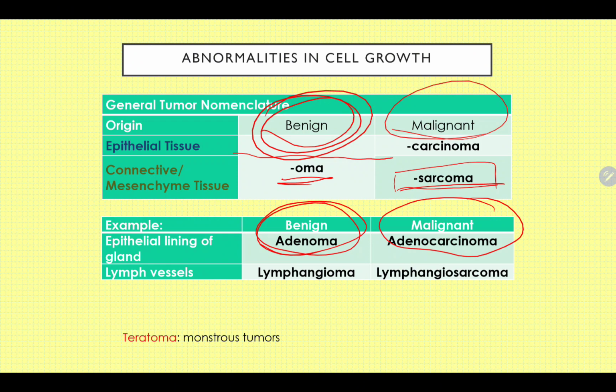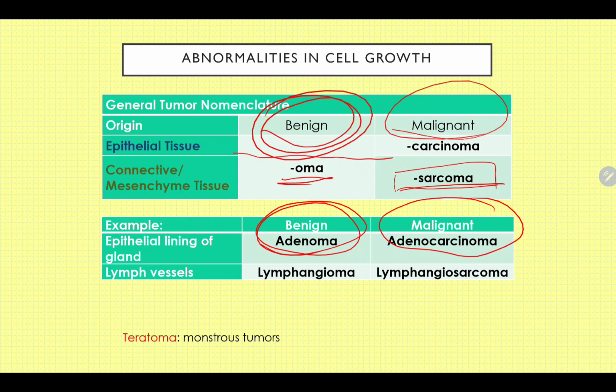Monstrous tumors, guys, may contain different types of cells. Usually teratomas have different kinds of cell lineage when opened. I've seen teratomas with teeth, with hair, some even have eyes. Different lineages are growing there.